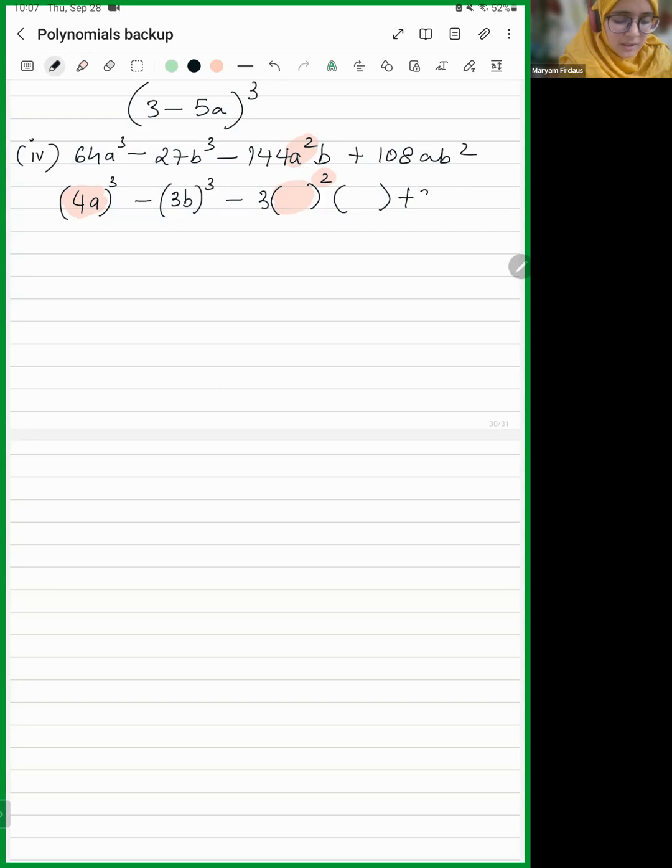There is 3 into something, second term ka square. Tell me what will it be? Then it will be 144a square and b.